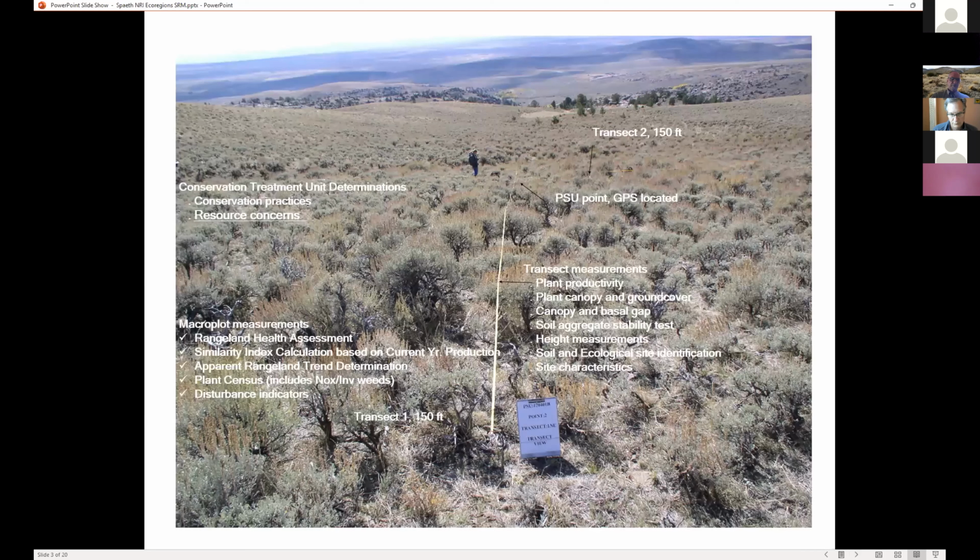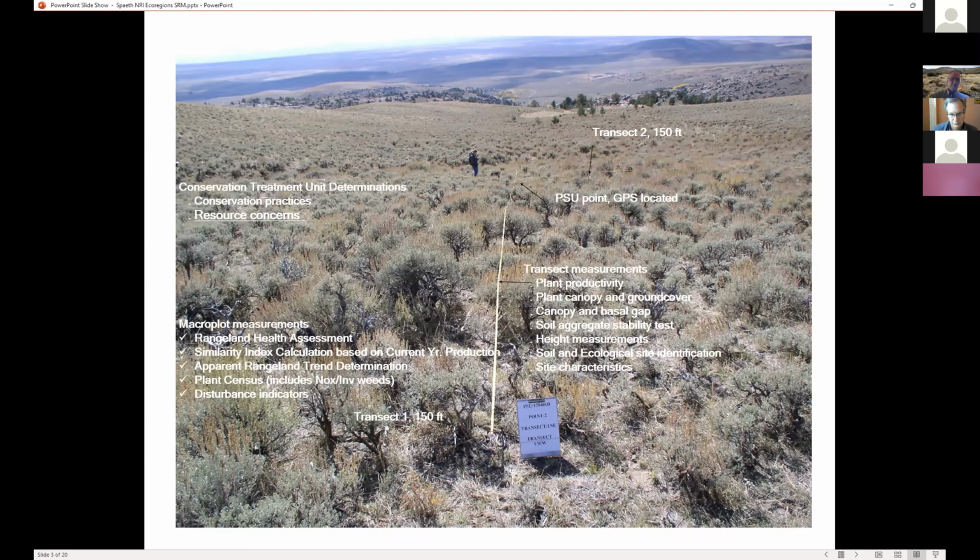So for example, up in the upper left-hand corner, we record any obvious conservation practices that are applied on the site, resource concerns that the field crew sees, and then there's macro plot measurements. We do the rangeland health assessment of the three attributes on the macro plot.